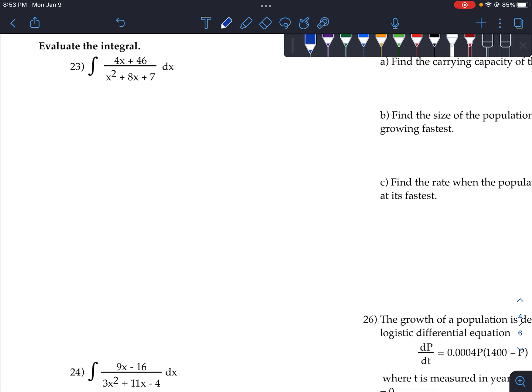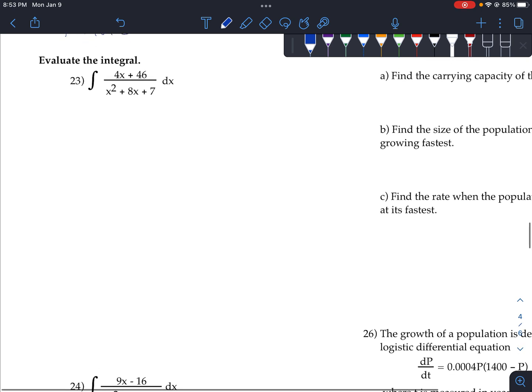All right, evaluate the integral. This is looking to be partial fractions because I have polynomials, and this is factorable. So 4x plus 46 divided by x plus 1 and x plus 7, I believe, should be correct, x squared plus 8x plus 7.